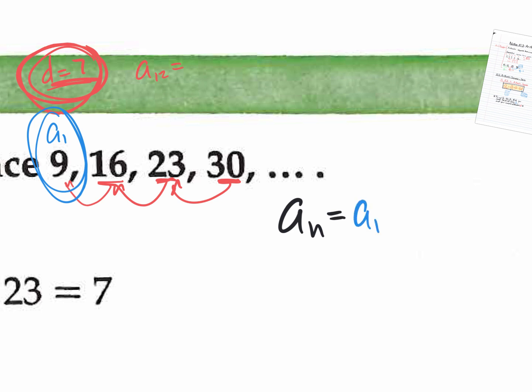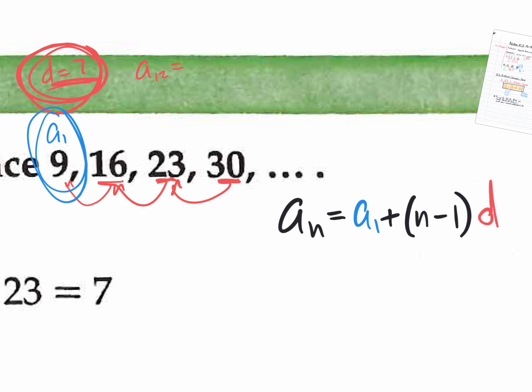Now, arithmetic sequences in particular, to get to the next number, you either add a positive number or add a negative number, but you're going to be adding to get to the next number. So a sub 1 is your first number. To get to the next number, you're going to add, so you have to put a plus right there. And then you got to remember that you're going to be having parentheses, and inside of those parentheses, you have an n minus 1, and on the outside of the parentheses, you have your common difference, d.